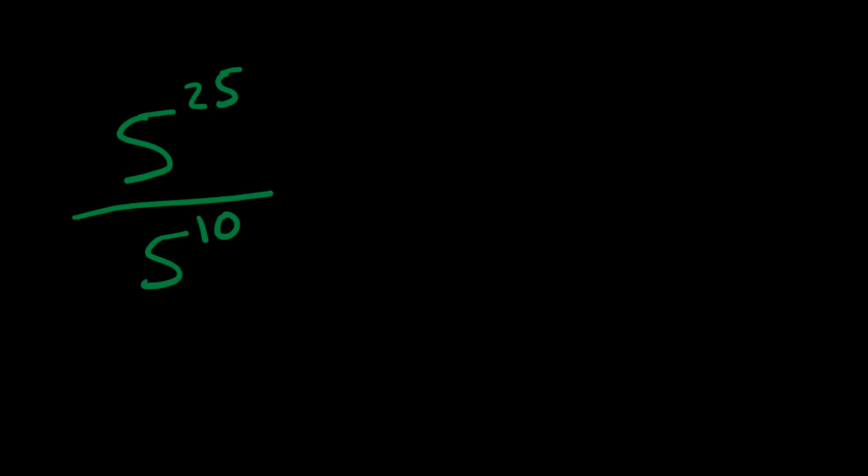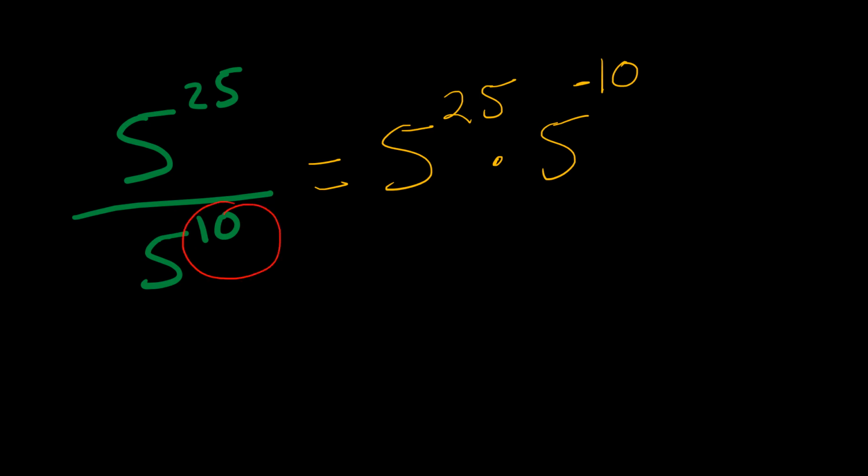Let's say we have 5 to the 25th power divided by 5 to the 10th power. Pause, take a minute, see if you can figure this one out. Okay, if you guessed it, we're just going to rewrite 5 to the 25th power times 5 to the negative 10th power, because anytime we take this exponent and bring it up, it becomes a negative.